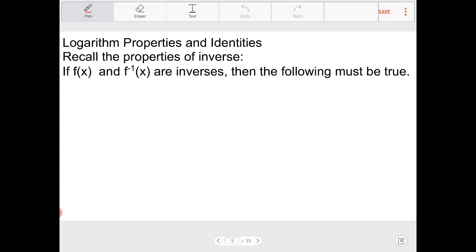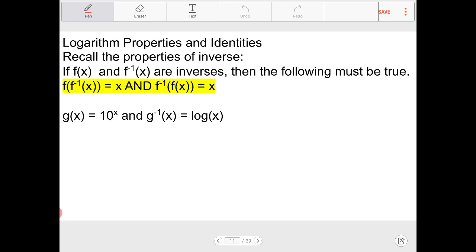And this was discussed back in a unit involving functions where I had shown you guys the existence of an inverse function, and this right here is a way for us to test whether or not two functions are inverses of one another. There's more to this than just being a test. This is actually one of the properties that we can capitalize on. And how are we going to do that?